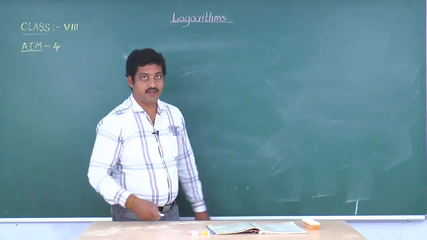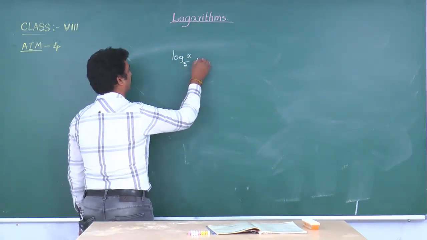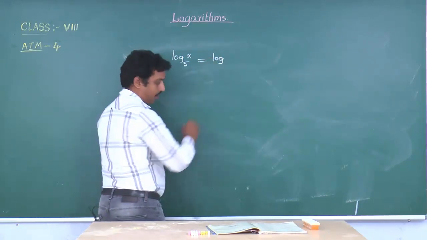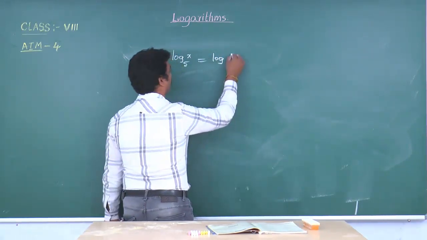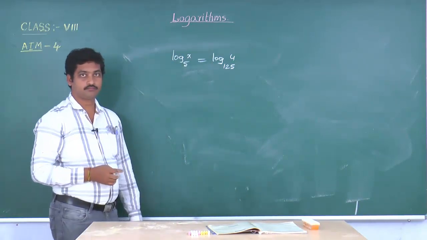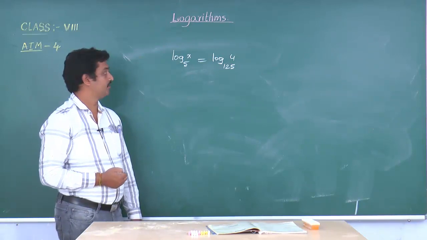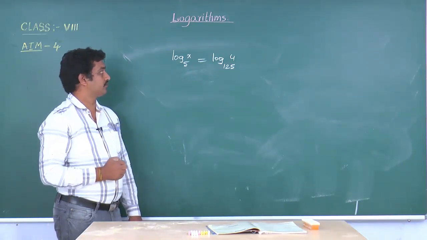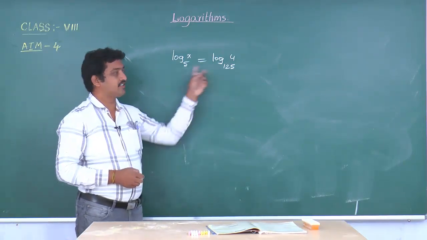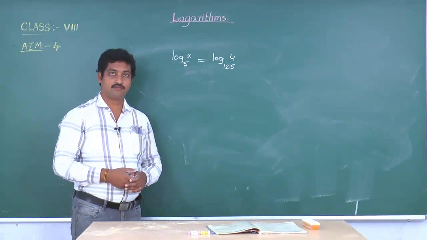Log x to the base 5 is equal to log 4 to the base 125. Find x, that is the requirement. Children, once observe, can we compare these two using the logarithmic equalities?